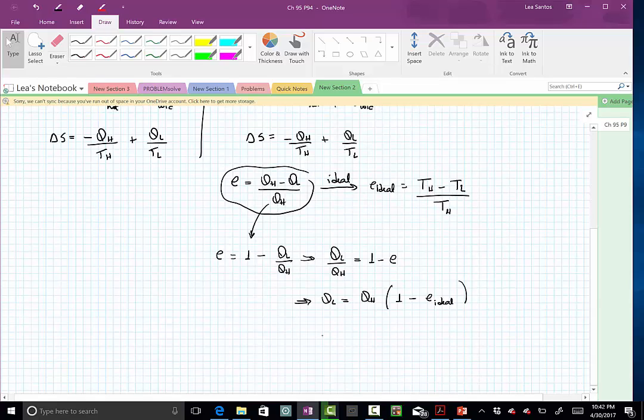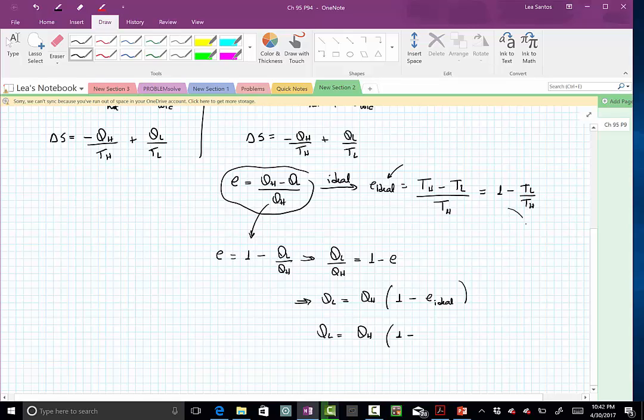So QL is QH times 1 minus the ideal efficiency, which I can write as 1 minus TL divided by TH.